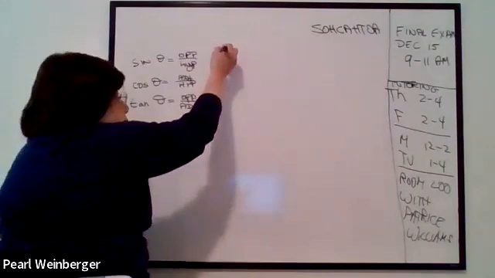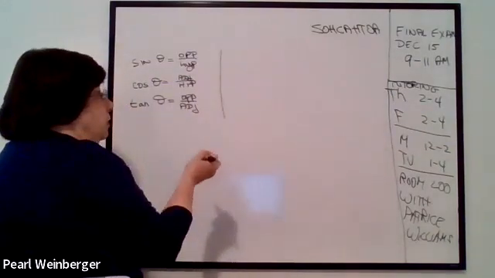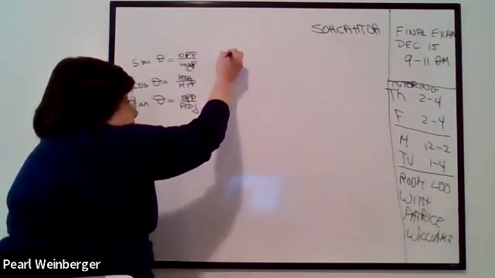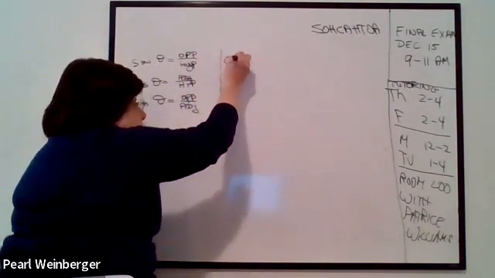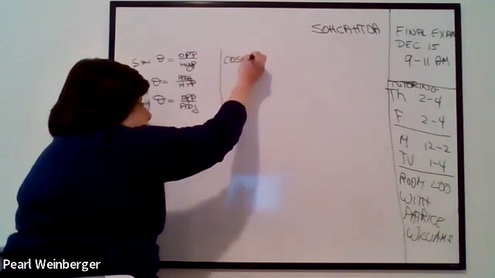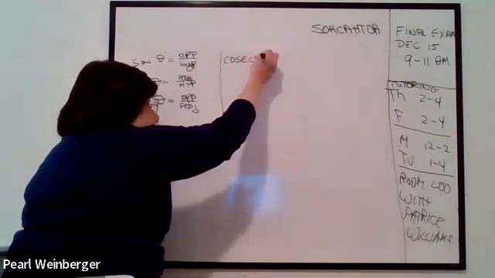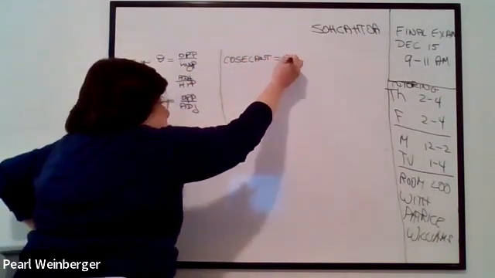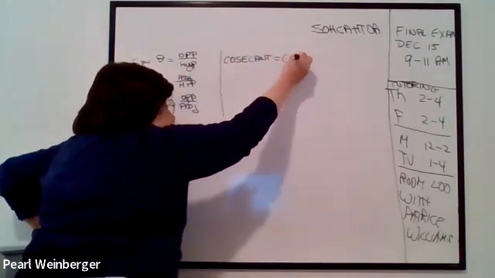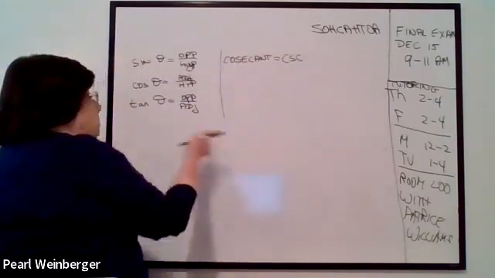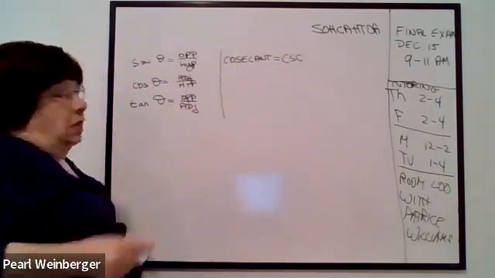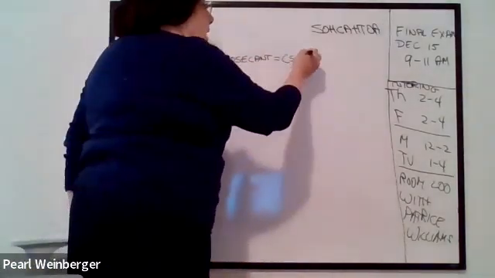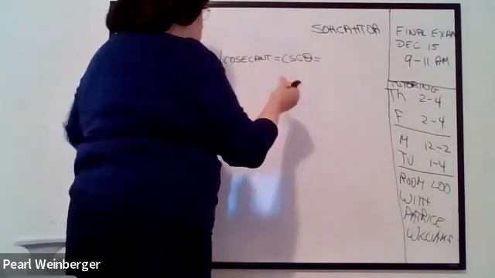But there are three other trigonometric functions. They're called the secondary trigonometric functions. There's a function that's called cosecant, which is abbreviated CSC. I can't abbreviate it COS because that's the abbreviation for cosine. So we abbreviated CSC. And the cosecant is the reciprocal.